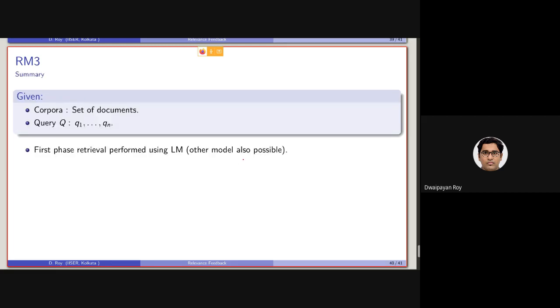The summary of RM3 is this. Given a set of documents, of course the corpus, and a query containing, say, n terms or k terms, we will first perform an initial retrieval using a language model or any other retrieval model. Then we'll consider all terms in the top M retrieved documents in the first phase retrieval as the pseudo-relevant documents, and all those terms will be considered as potential expansion terms, ET.